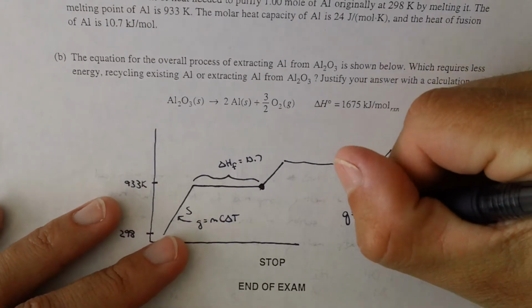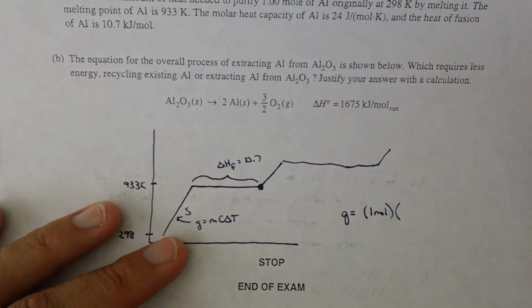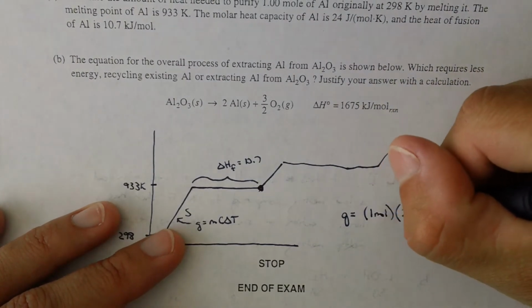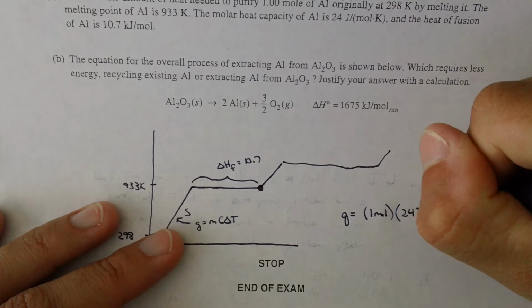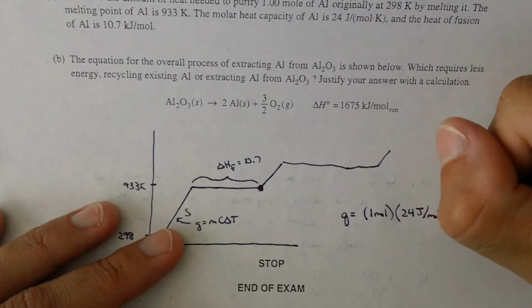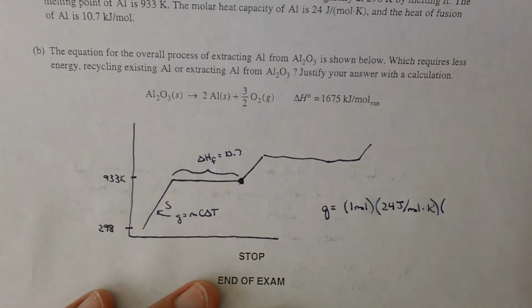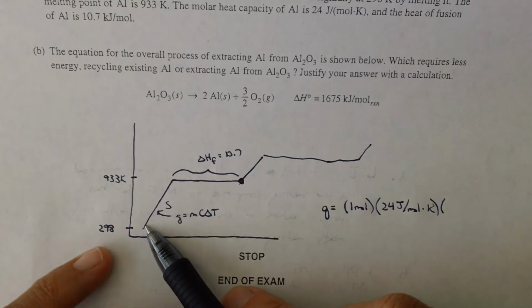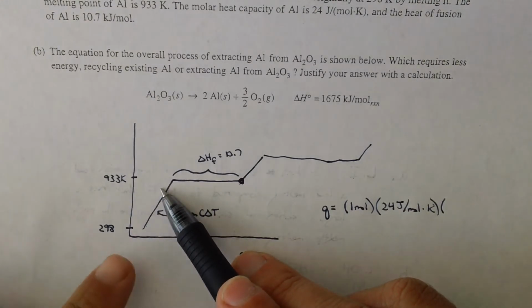So we've got 1 mole of aluminum times that specific heat constant, 24 joules per mole times Kelvin, and then we are multiplying that by the change in temperature, from 298 Kelvin to 933 Kelvin.